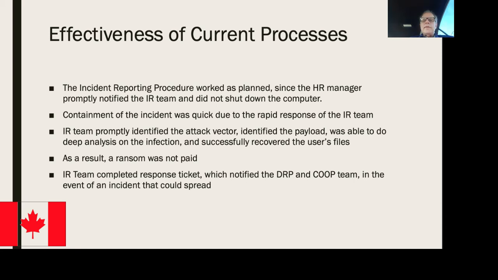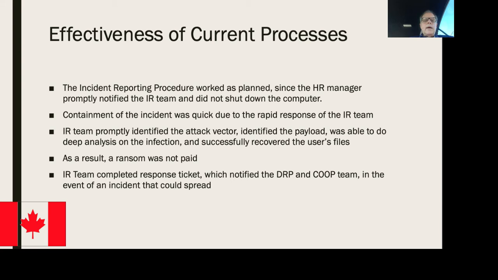The effectiveness of the current process in general, the IRP procedure worked as planned since the HR manager promptly notified the incident response team and as requested did not shut down the computer. That's part and parcel. The containment of the incident was quick.